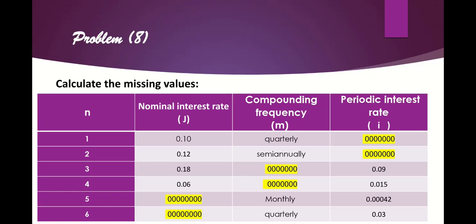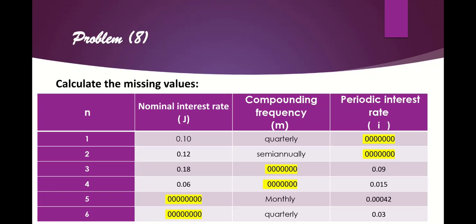So, in number 1, J equals 10% and M will be equal to 4 because it's quarterly. So, I will be equal to 10 over 4. And for number 2, I will be equal to 12 over 2 because it is semi-annually.